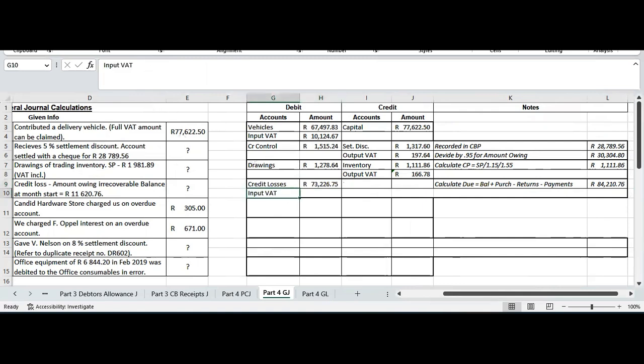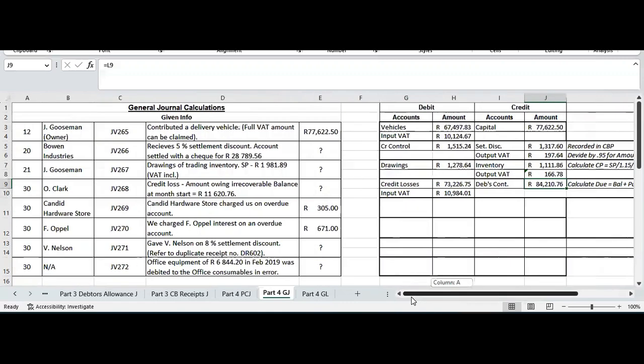Our input VAT will be the difference between those two amounts. On the credit side, we put debtors control, because in our books we have to clear his account, so his account as a debtor will be cleared with the full amount of 84,210.76. Now we dealt with the fourth entry.